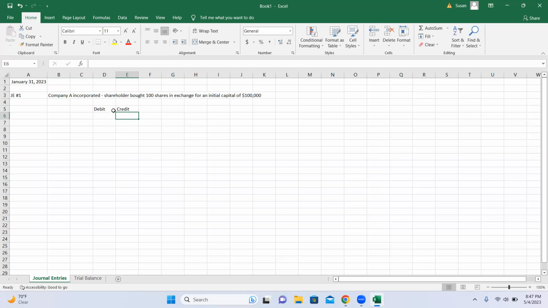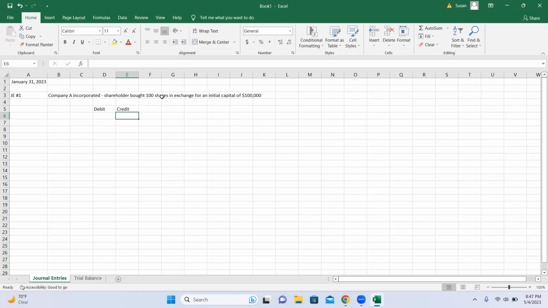In this situation, they started a company and the shareholders purchased 100 shares to become shareholders in exchange for contributing $100,000 to start this company. And obviously, when you start it and the shareholders give you that $100,000, that money has to sit somewhere, right?